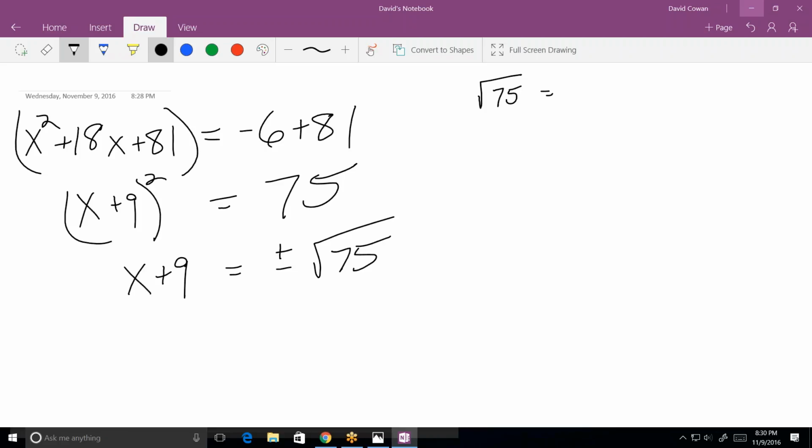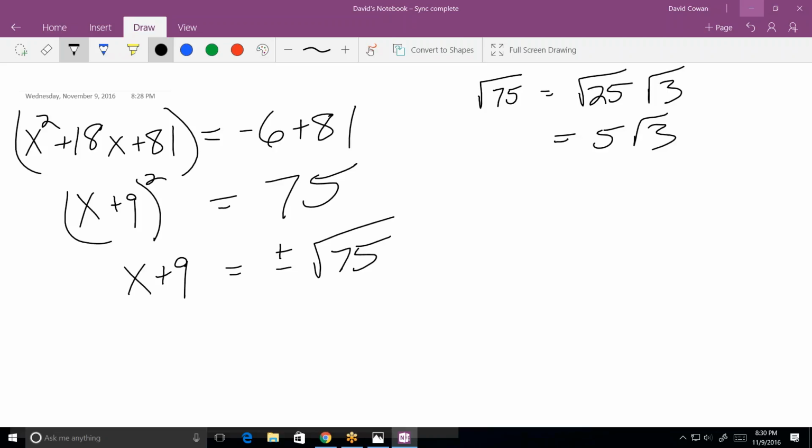Well, what goes into these kind of numbers? 5 and 15. 5 is not a perfect square. 15 is not a perfect square. But 25. 25 is a perfect square number, and it goes into 75 3 times. So it'd be 5 root 3.